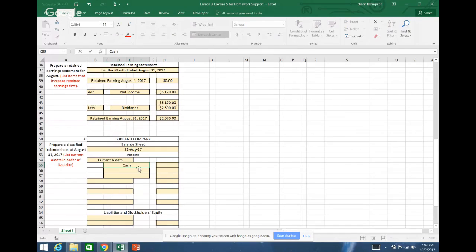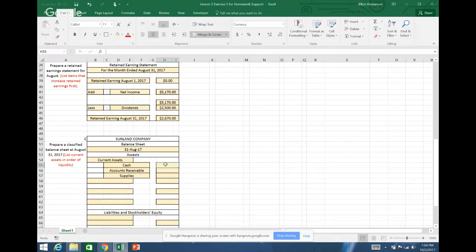And since we list the assets in order of those most capable of becoming cash itself, it would be cash, and then accounts receivable, and then supplies under current assets.